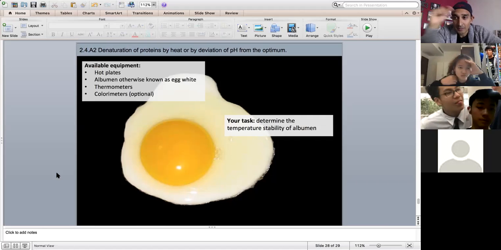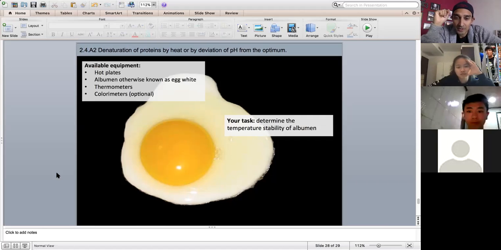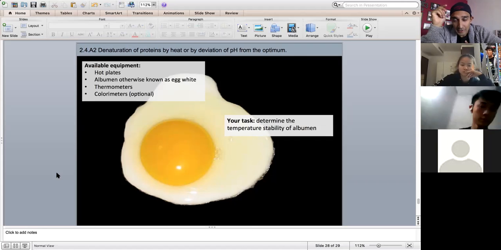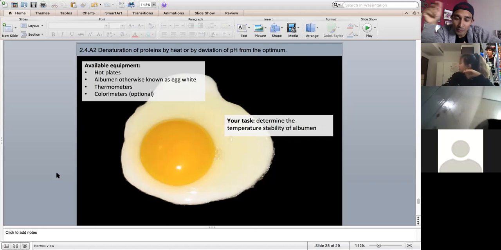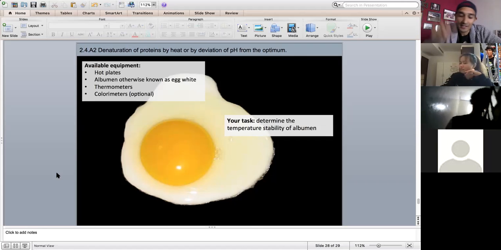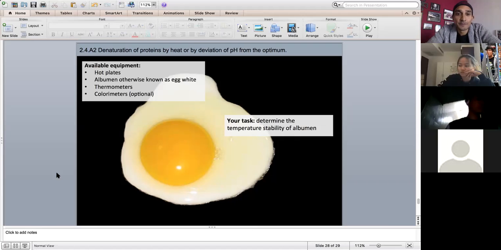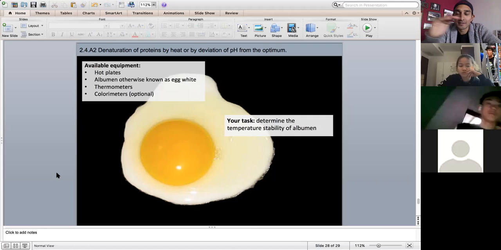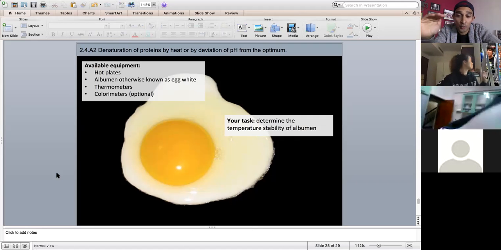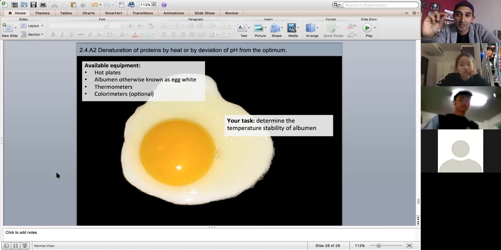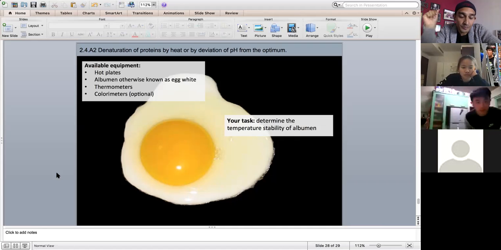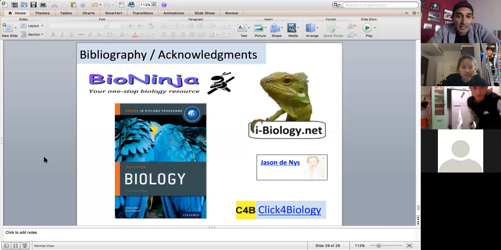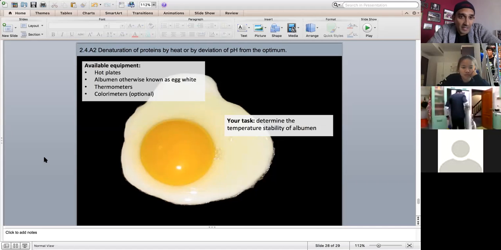So you'll know because the color will start to flip to a solid white. In a perfect world, we would do this a whole bunch of times and consolidate all the data and find the temperature stability. At what point is the albumin, or the white of the egg, stable, and at what point does it denature? And that is the end of that topic.